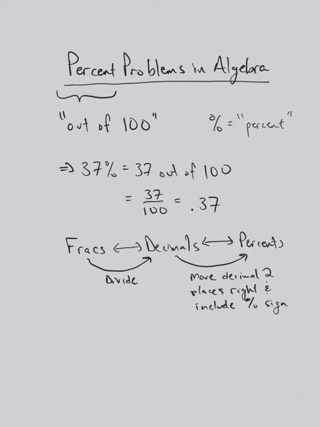Now, we can also go the other way, and you just do everything in reverse. If you start with a percent, then you can always get its decimal form by moving the decimal 2 places left, and you'd want to drop the percent sign, and that gives you the decimal form.